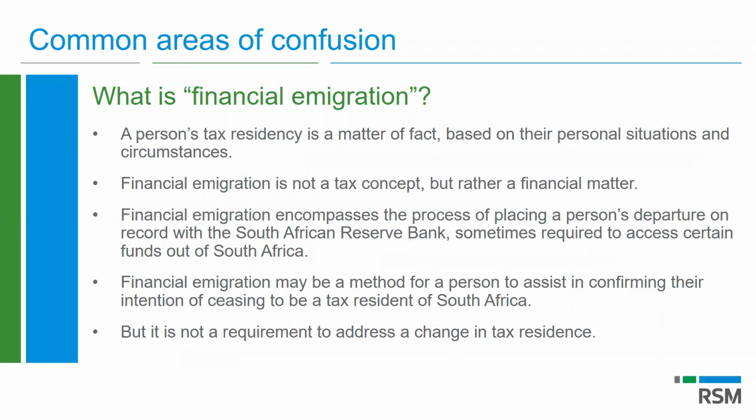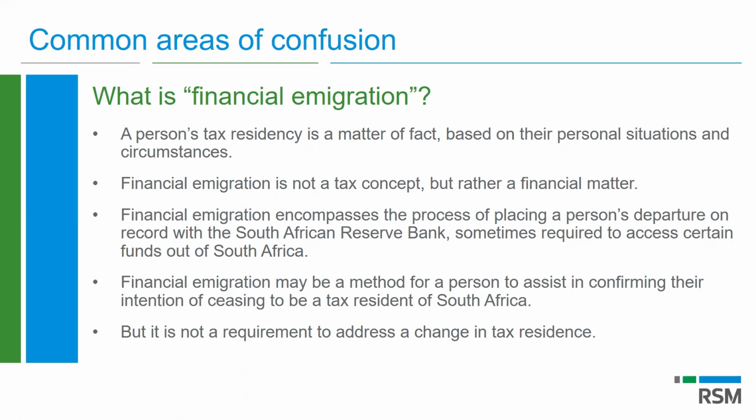The other common phrase that is thrown around a lot when talking about this overall topic is that of financial emigration. Now, we must understand that a person's tax residency is a matter of fact based on their personal situations and circumstances. Financial emigration is not in any way a tax concept.